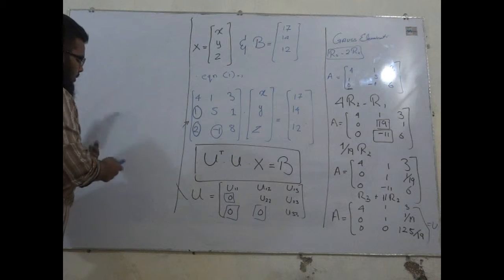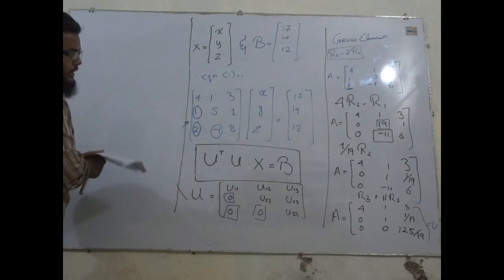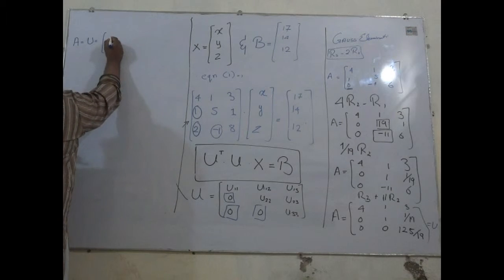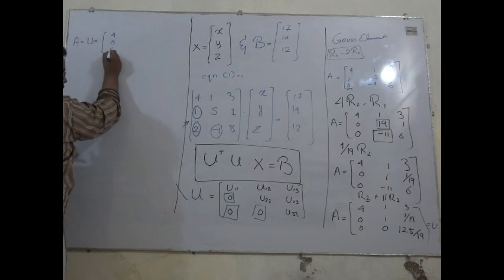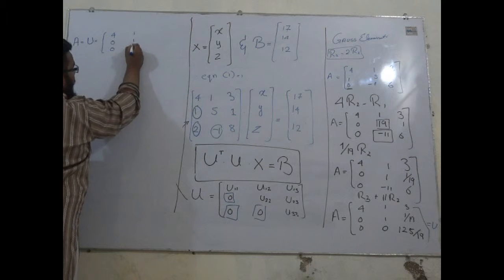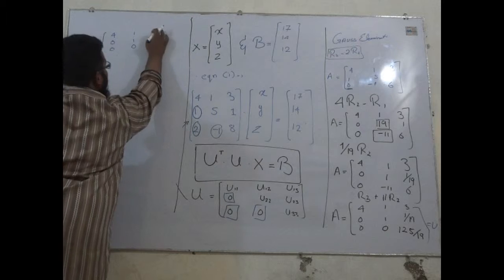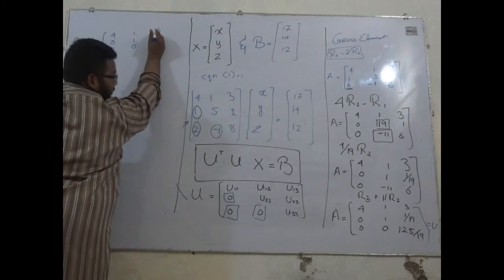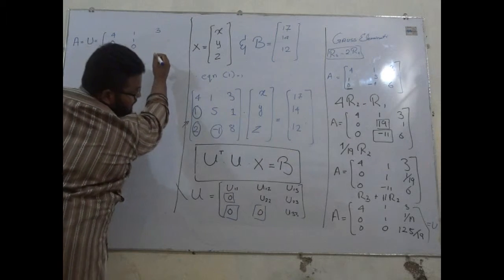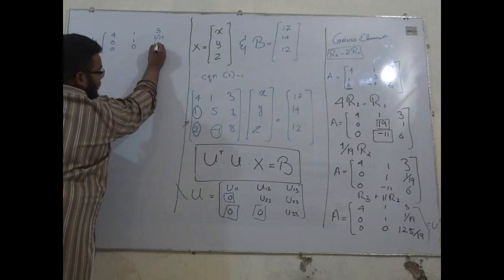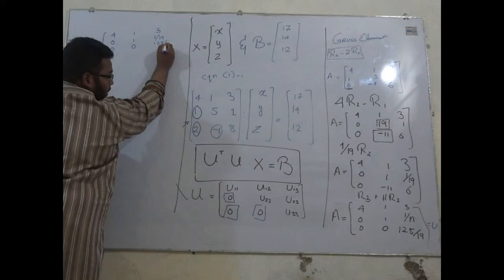Now, by changing A into U, as the current value of A is also equal to U, which is equal to 4 0 0, 1 1 0, 3 1 over 19, 1 over 19 and 125 upon 19.